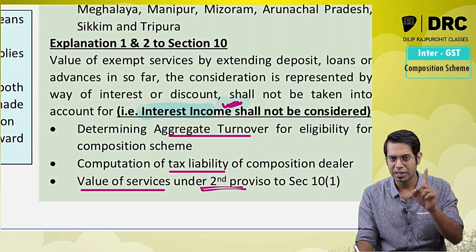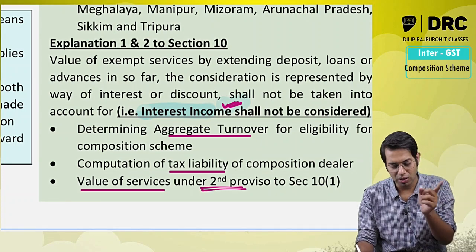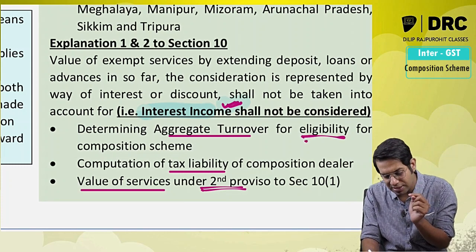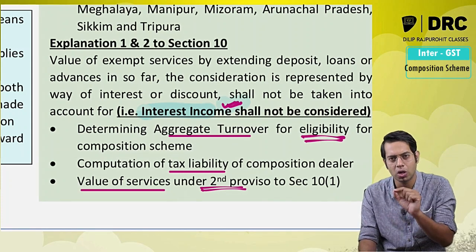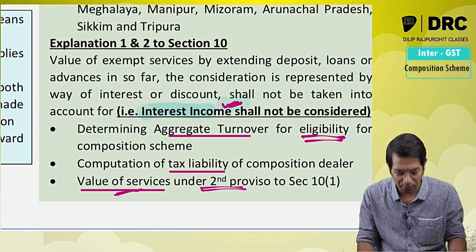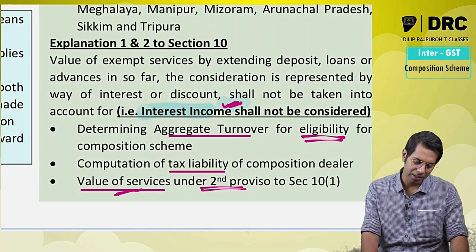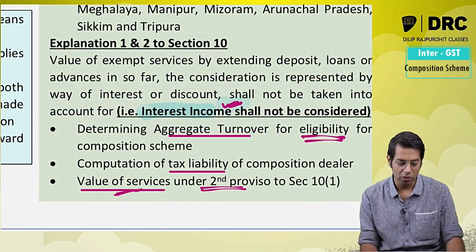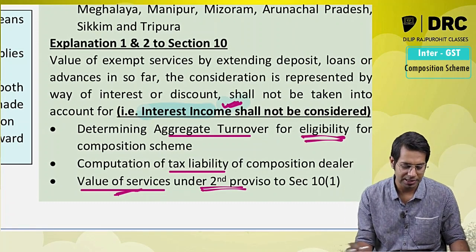Actually interest income is an exempt income, but when you are computing the aggregate turnover to check whether he is eligible to become a composition dealer or not, don't include interest income. When you are finding the value of services as per second proviso, please don't include interest income. You are not supposed to include interest income in this kind of computation.